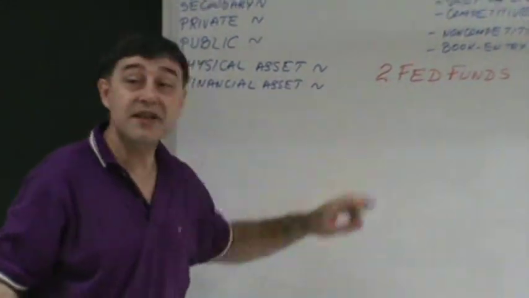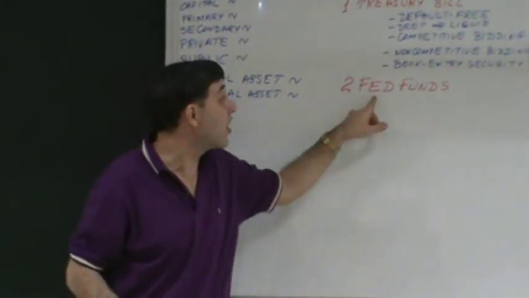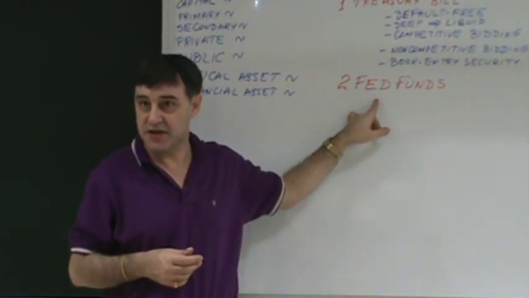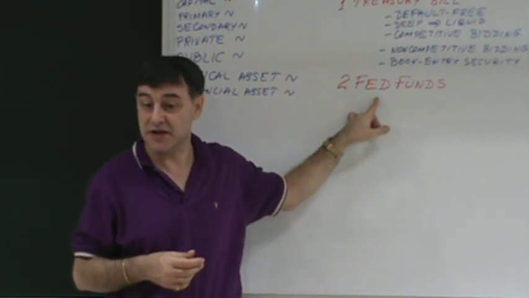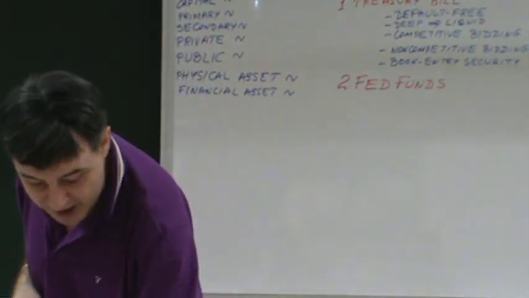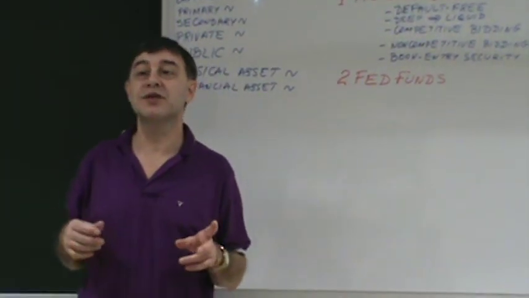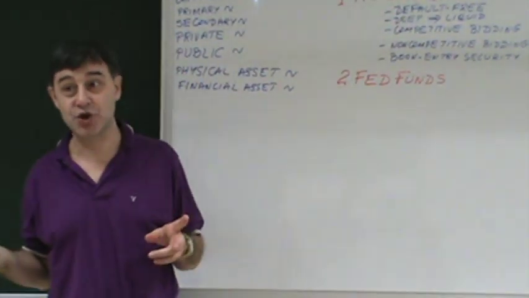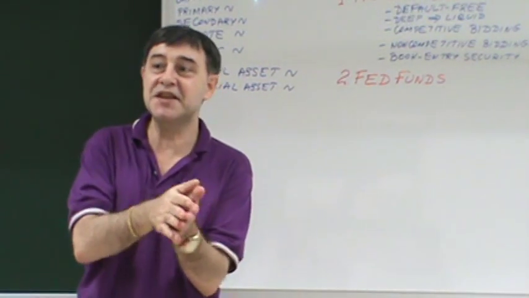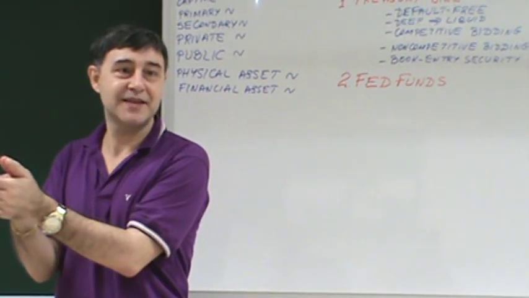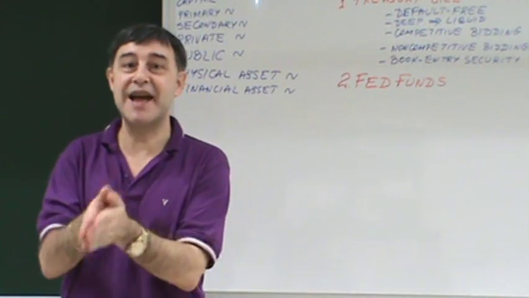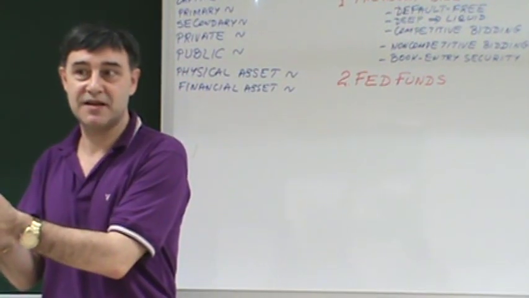Fed funds. Fed funds is standing short for federal funds. So they usually call it federal funds. In the textbook, I am back on page 304. Fed funds, important to understand, is actually a deposit at the central bank. That's it. A deposit at the central bank.